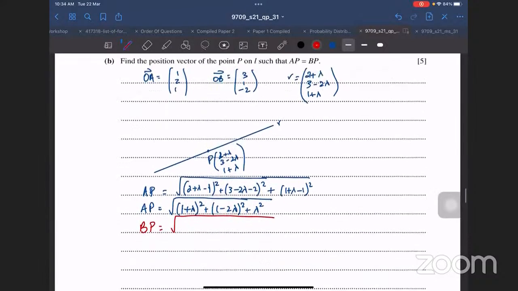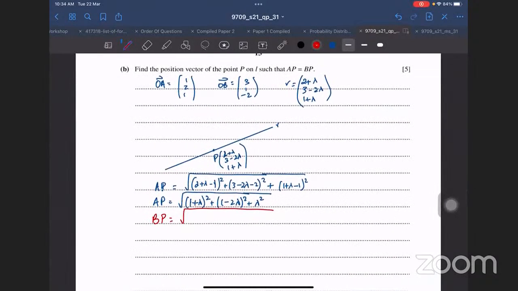And to use the coordinates of R and B in this case, (2 plus lambda minus 3) whole square, (3 minus 2 lambda minus 1) whole square, (1 plus lambda minus 2) whole square. So I get (lambda minus 1) whole square, (2 minus 2 lambda) whole square, (lambda minus 1) whole square.